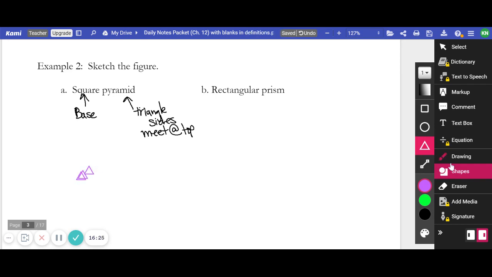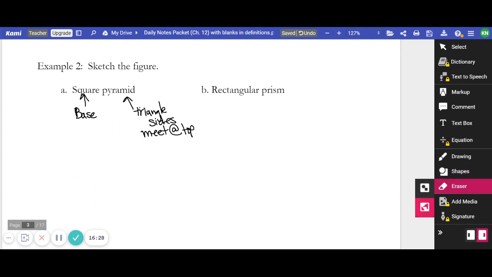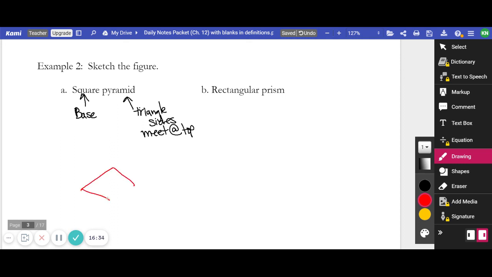Okay, I accidentally hit shapes, not drawing. So let me make it a little angled here. Does that help me? So triangle, triangle, triangle, triangle. That's better. Triangle in the front, triangle in the back, mostly meeting at the top. Whew, that was tough.